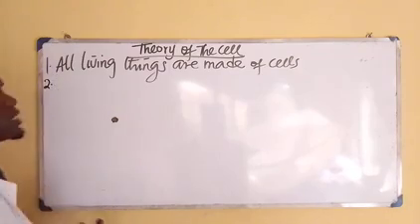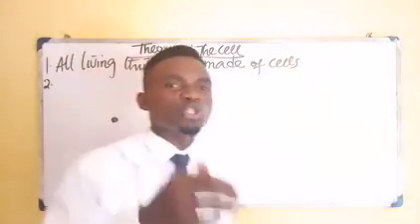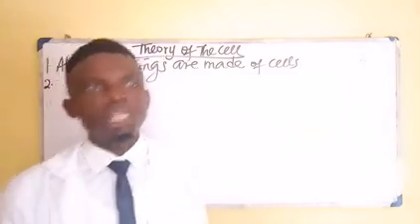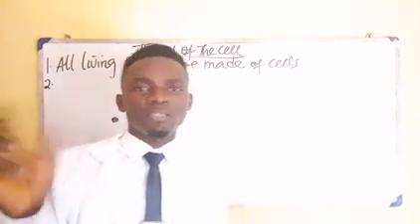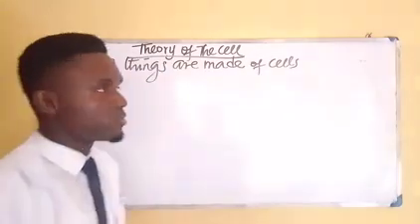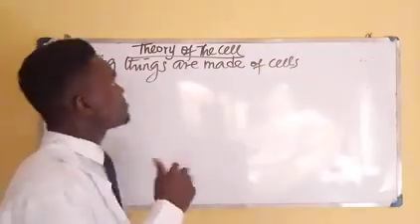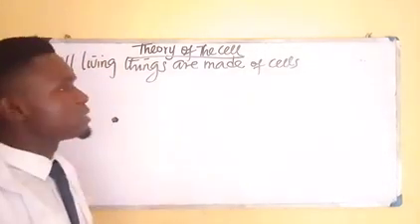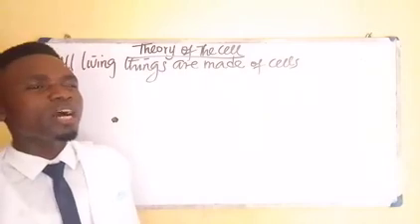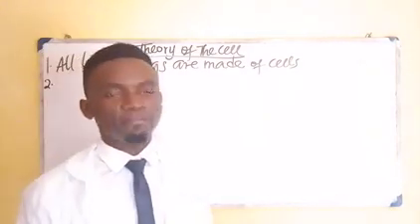Number 2, the cell is the basic structural and functional unit of life. It means that every living thing on earth comprises cells. So all living things are made of cells. Number 2, the cell is a basic structural and functional or fundamental unit of life.